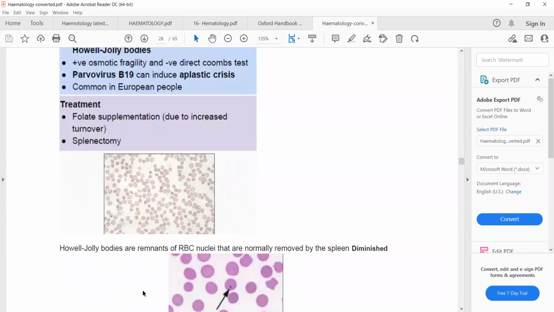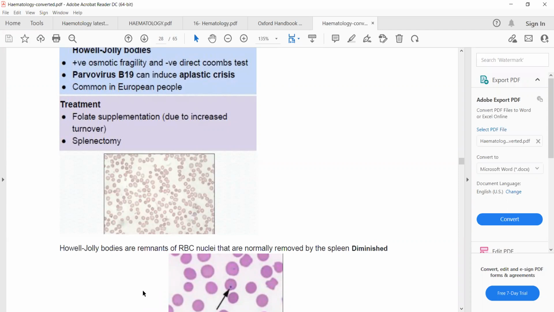Sorry, just one question. If the patient who is pregnant is suffering from either sickle cell or hereditary spherocytosis? No. Aplastic anemia is a different thing, and aplastic crisis is a different thing.